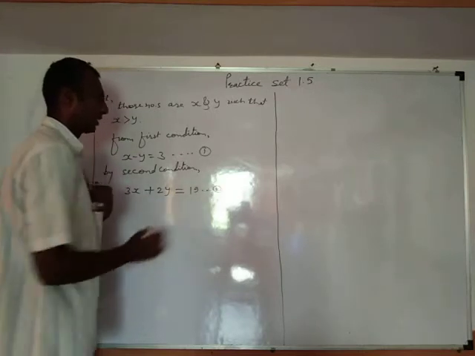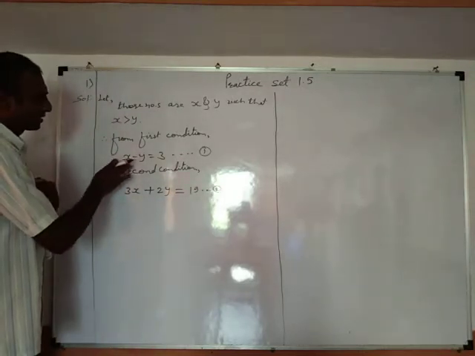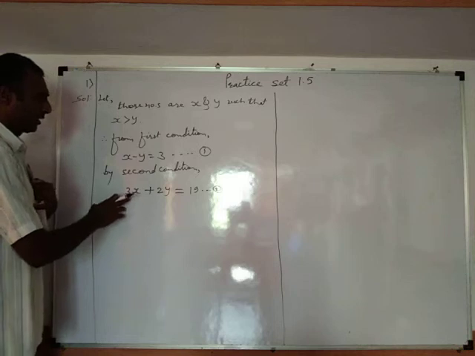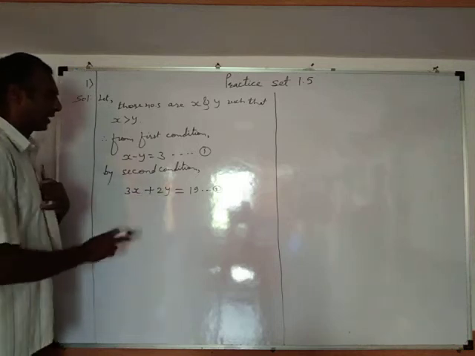Let's call it equation second. Now here the first equation is x minus y equal to 3 and the second equation is 3x plus 2y equals 19.